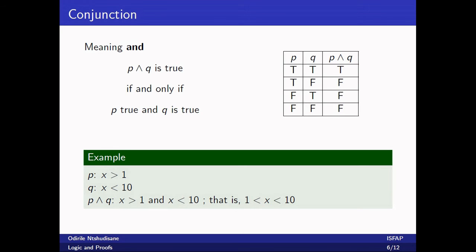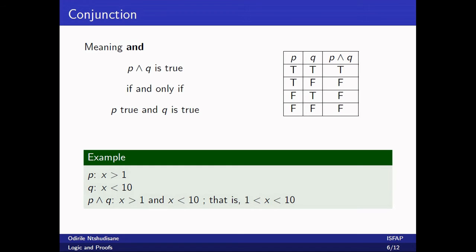In the next line P and Q fails to be true, that is, it's false because now Q is false, and it's false in the next line because P is false even though Q is true, and in the final line it's false because P and Q are both false.